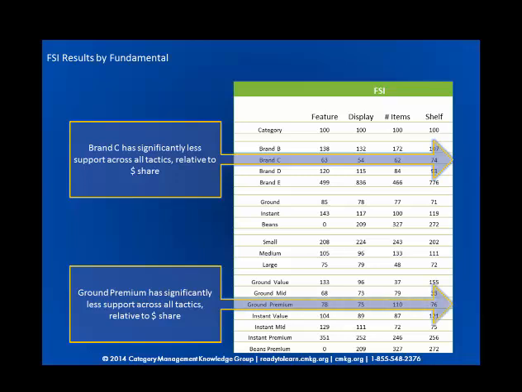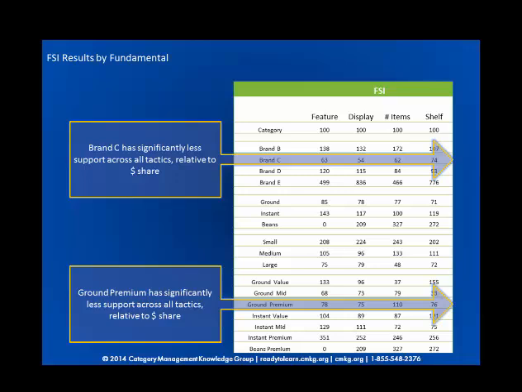So just to give you a quick example, if we were to look at a category, ground and instant, referring to coffee, and look at a couple of different brands in a segment here, we would see that brand C has significantly less support across all tactics relative to dollar share.